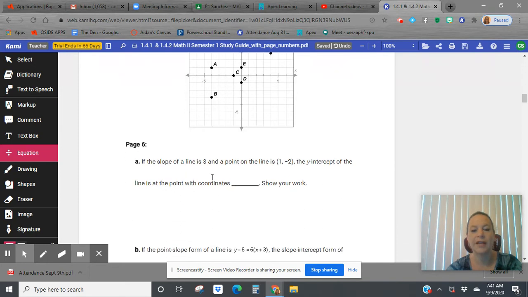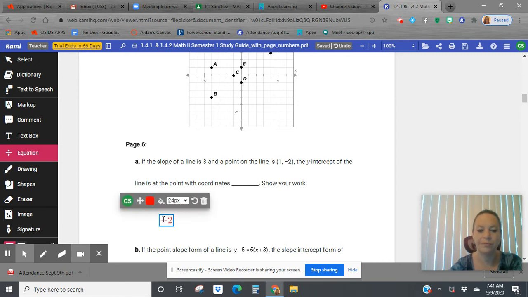If the slope of a line is 3 and a point on the line is this, the y-intercept of the line is at these coordinates. So here I go plugging in to the y equals mx plus b, where they gave me a y, negative 2. They told me the m is 3. And then they told me that the x is 1.